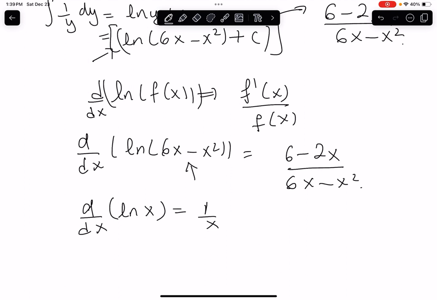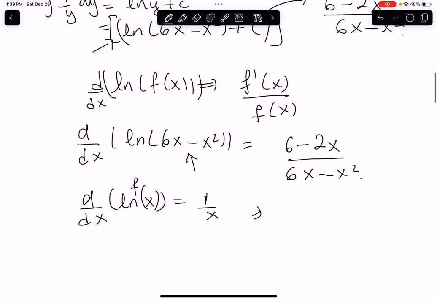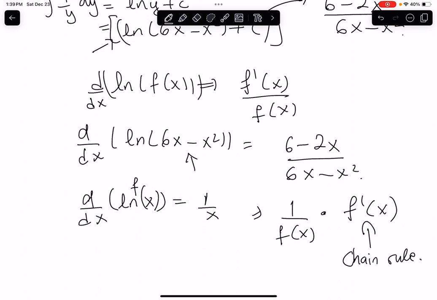But when you have f of x, it's 1 divided by f of x multiplied by f prime of x, because you're applying the chain rule.